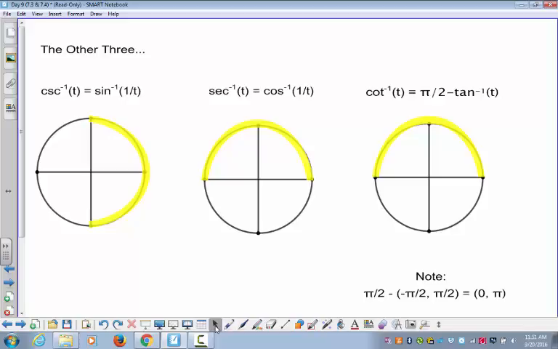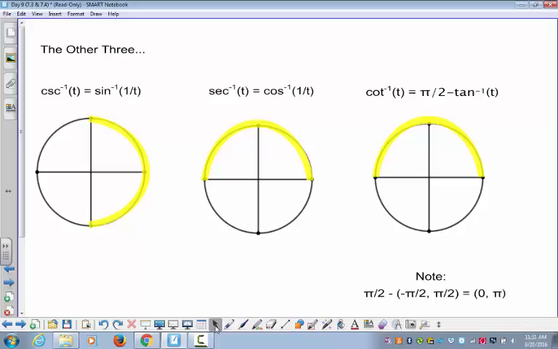And then when we do this subtraction thing, we're going to end up with an angle between 0 and pi, not negative pi. We're going to be on top instead of on the right. And that's very easy to think about in your head based on the last test where we were graphing tangent and cotangent.